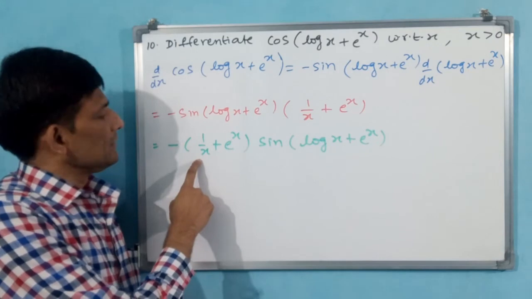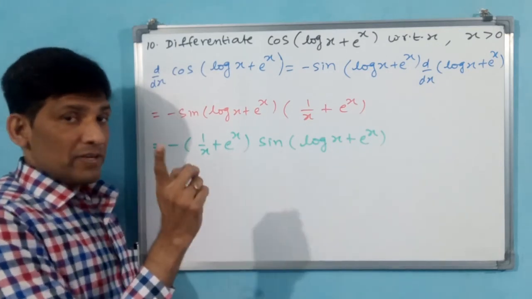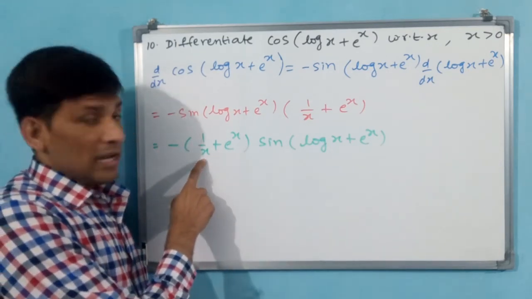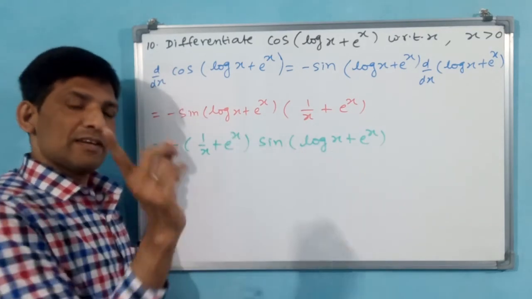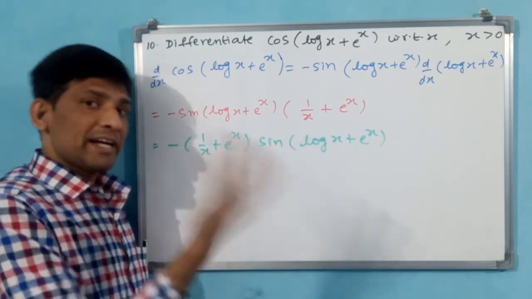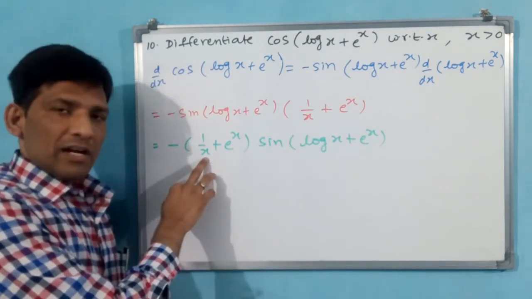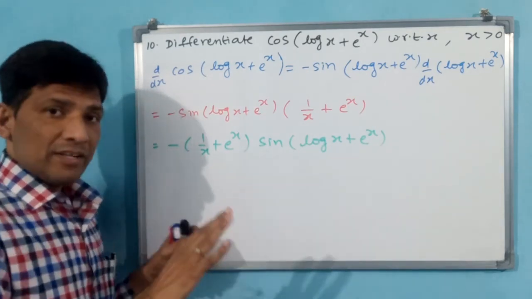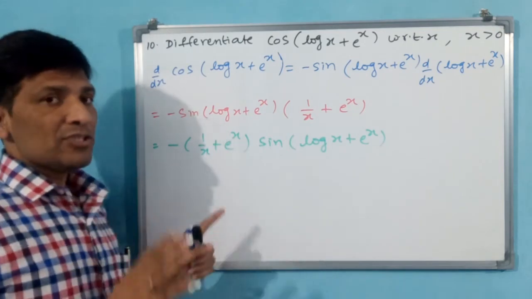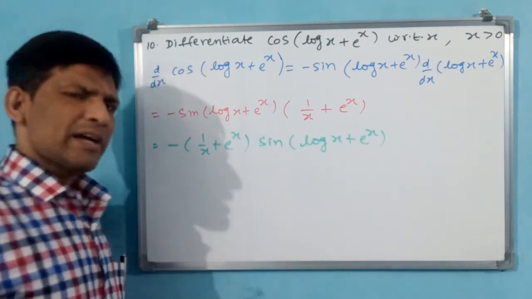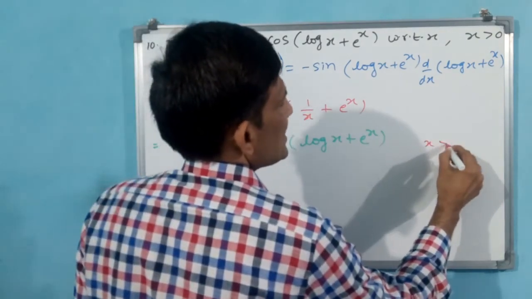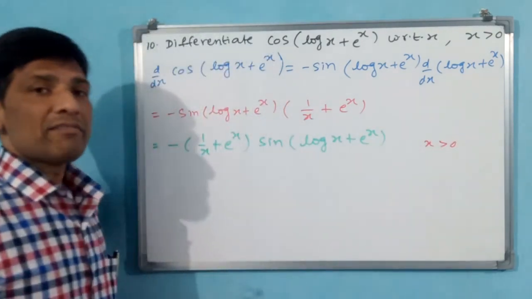If it is less than 0 you cannot give, because the log function is not going to accept it; log should be greater than 0 only. Here denominator 0 is not coming, there is no denominator at all. That is why you can write x is greater than 0. That's what I wanted to say.